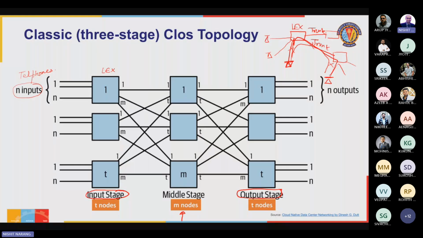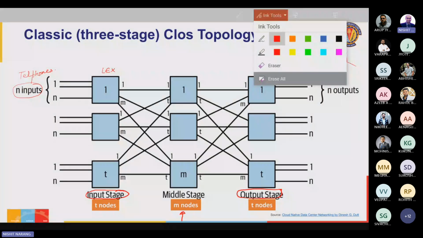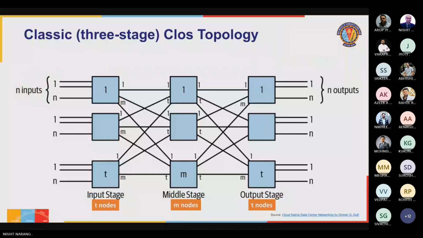So the way the classic Clos topology looks is that, let's assume that we have T input stage nodes, local exchanges, T output stage nodes or switches, and we have M intermediary middle stage switches that are being used to connect the input stage to the output stage. Every input stage node can take N inputs and can output M outputs.